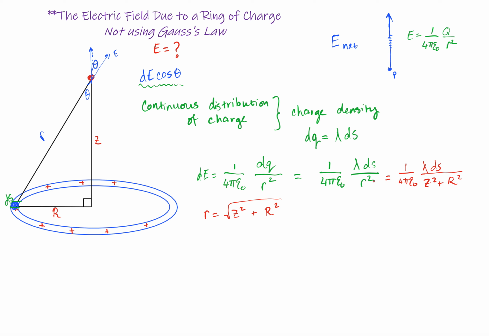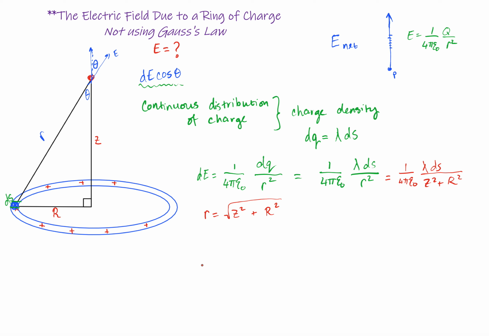Now, we recall the expression that this right here is just dE, but it's not dE cosine theta. And that's the only contributing portion that won't cancel out, right? So this is just the electric field due to a small little piece of the charge, its total electric field. Now I've got to multiply it by cosine theta.